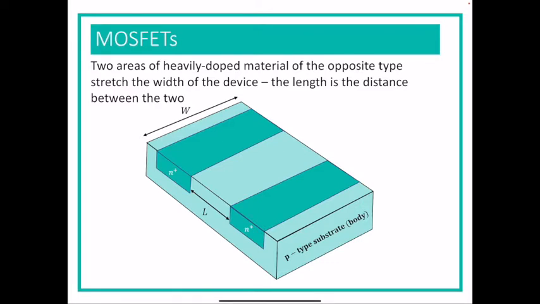So the width of the device is actually the front to back distance, and then the length is the distance between those two areas of heavy doping. And those two parameters, the width and the length, are parameters that are used frequently in designing MOSFETs.